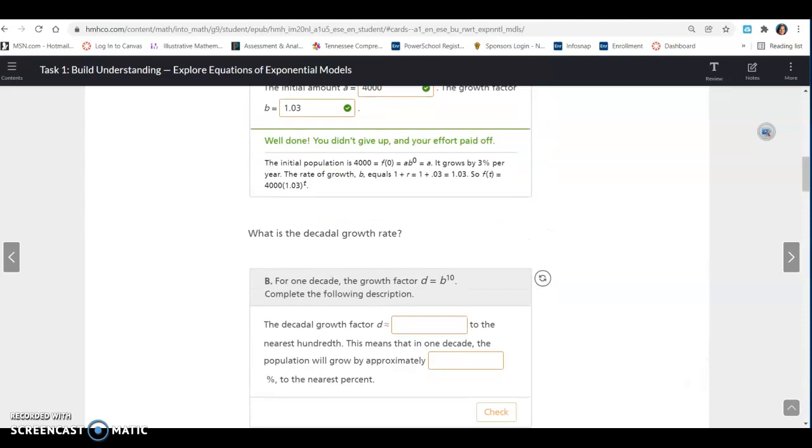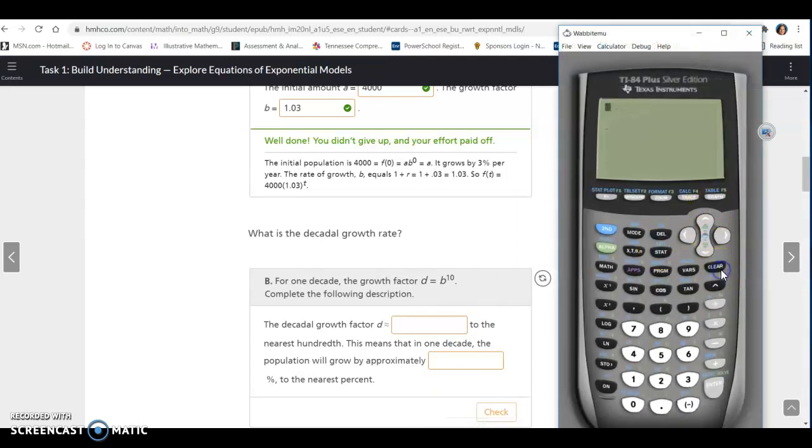It says what is the decadal growth rate for 1 decade? The growth factor d equals b to the 10th power. b is your base, so we're going to raise that to the 10th power. If we pull up our calculator, we're going to do 1.03 raised to the 10th power.